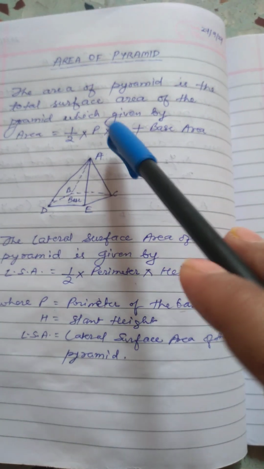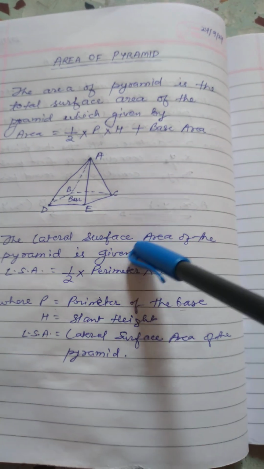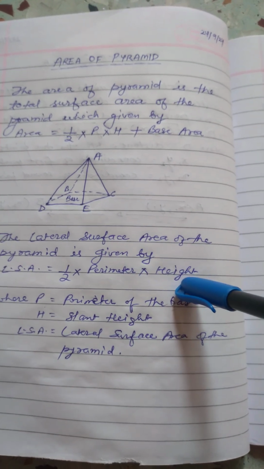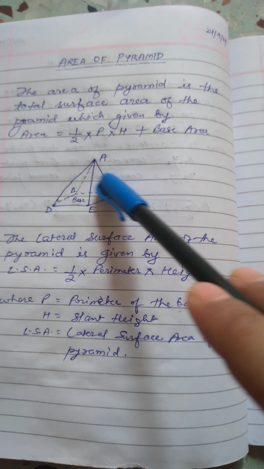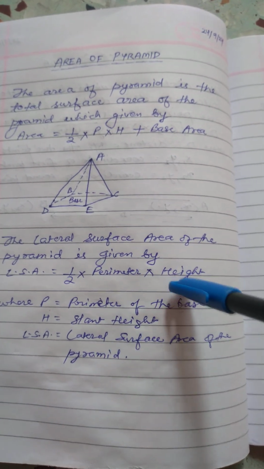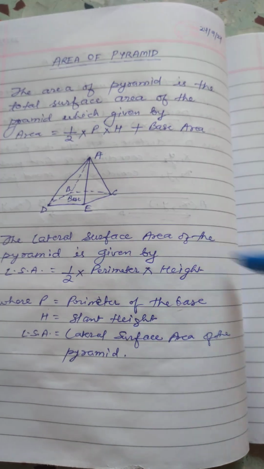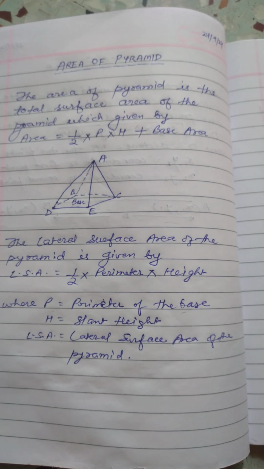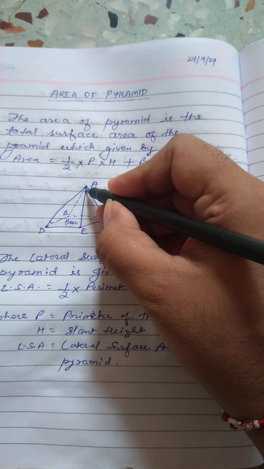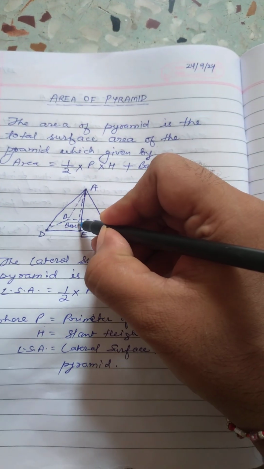So the lateral surface area of the pyramid is given by half into perimeter into height. The perimeter of the base and the height is this. We can draw a height here, which is AF.